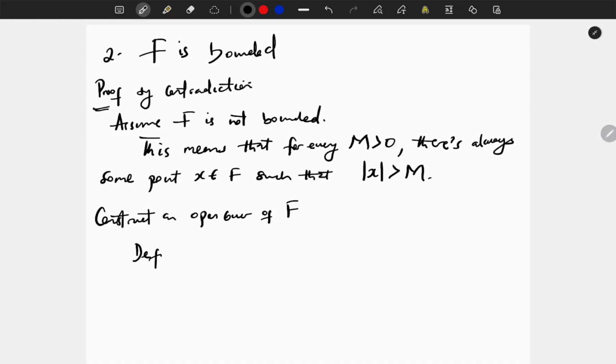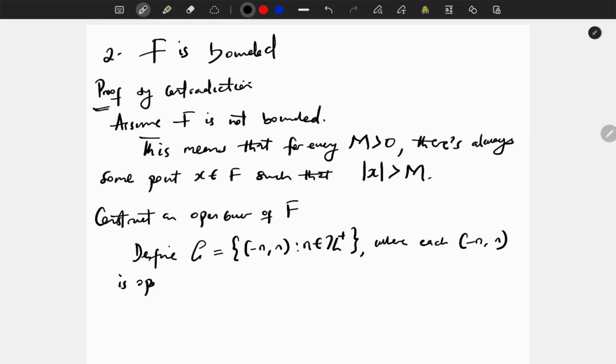So define our open cover to be equal to (-n, n), such that n belongs to the positive integers, where each interval is an open interval.